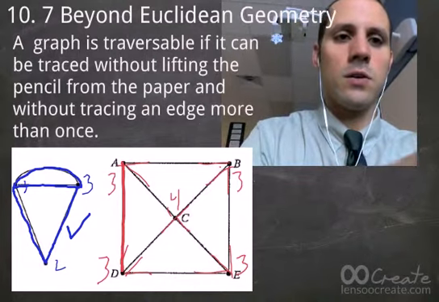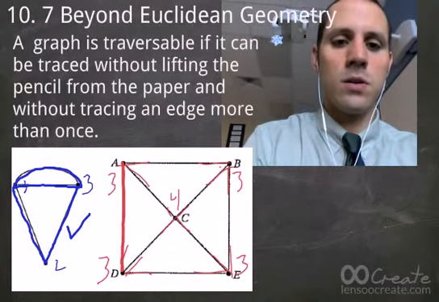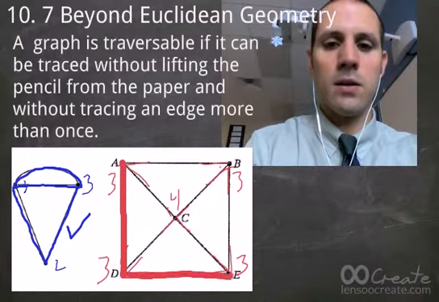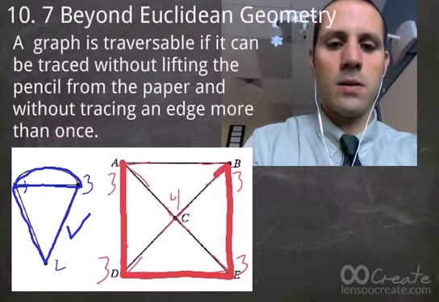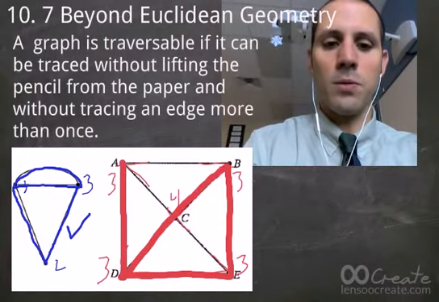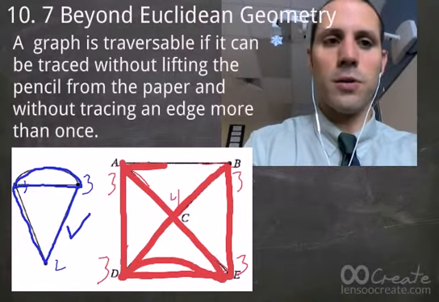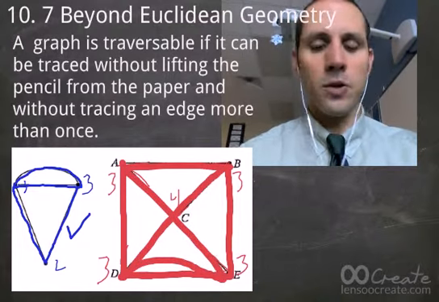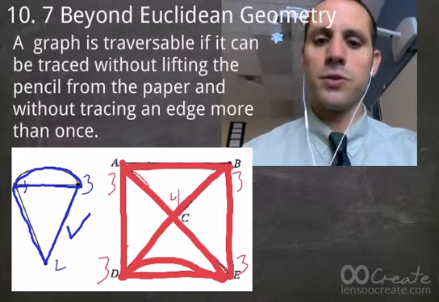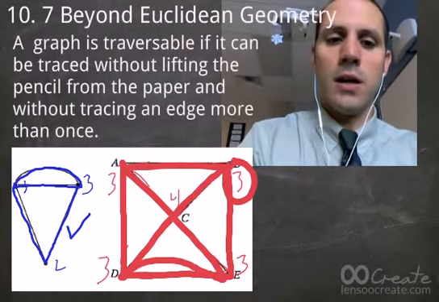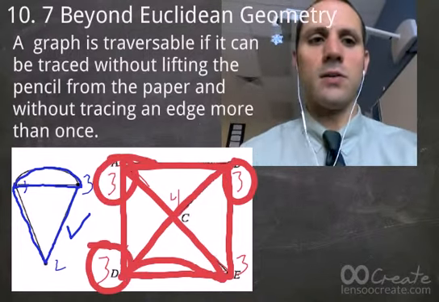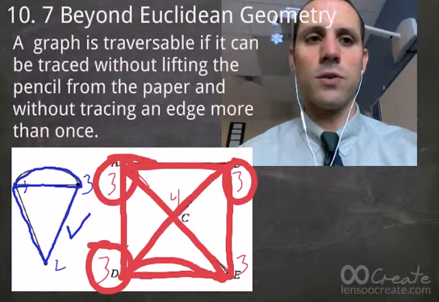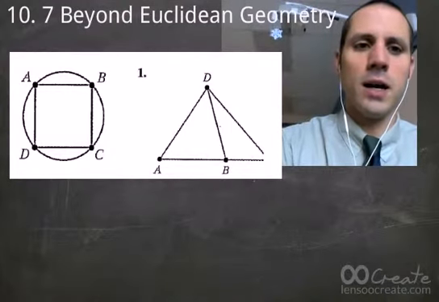Anywhere I start, at A, nope, I'm going to have to go over here in order to go through the whole thing. So try a couple times, but because of the rules of traversability, it has more than 2 odd vertices, it is not traversable. Let's look at a couple more examples.